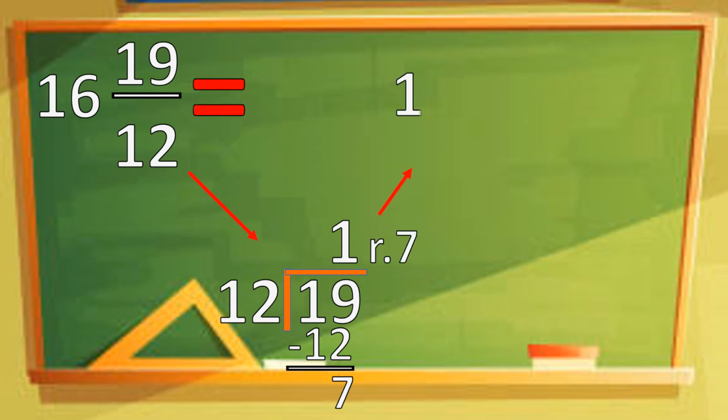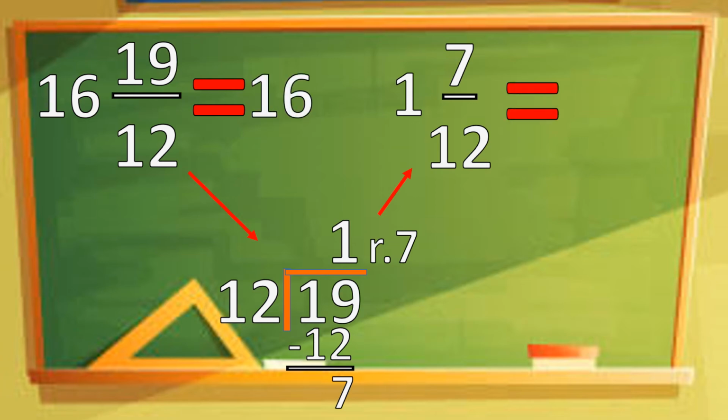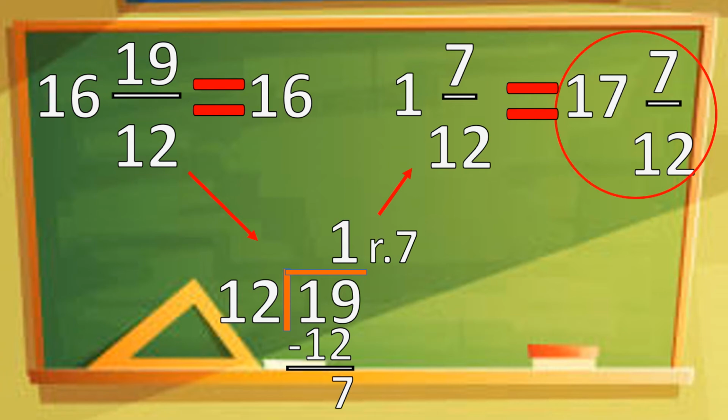So 19 over 12 will become 1 and 7 over 12. And then we add that to 16, we will get 17 and 7 over 12. Did you get that?